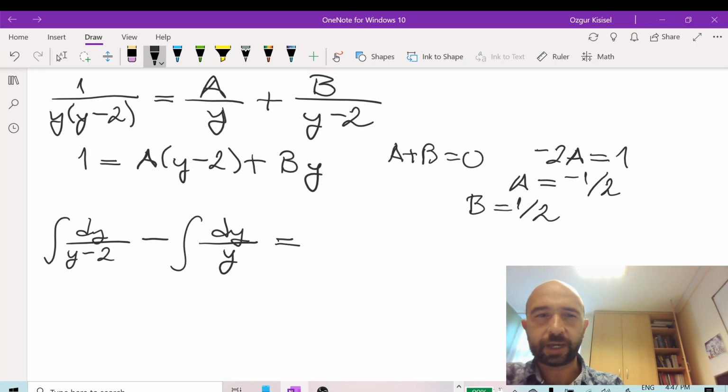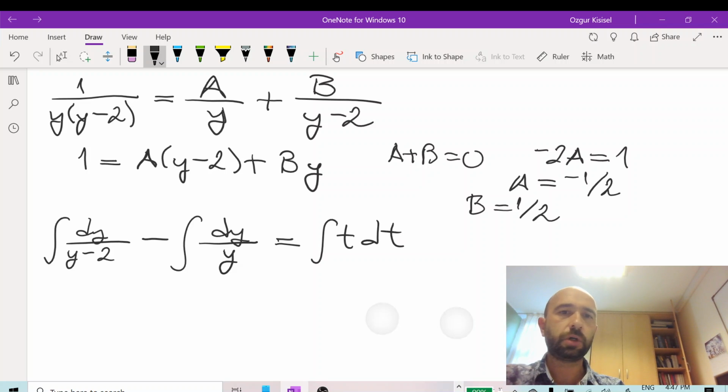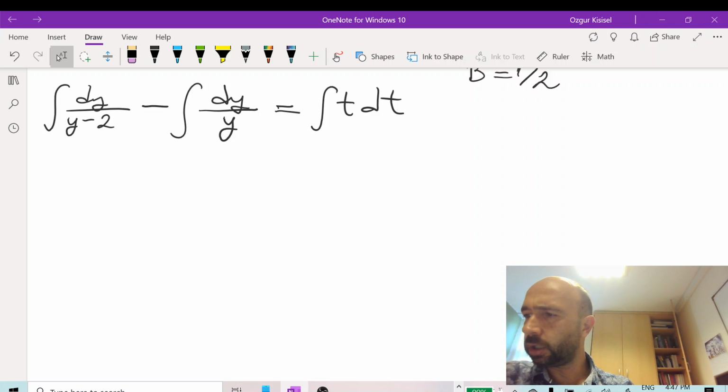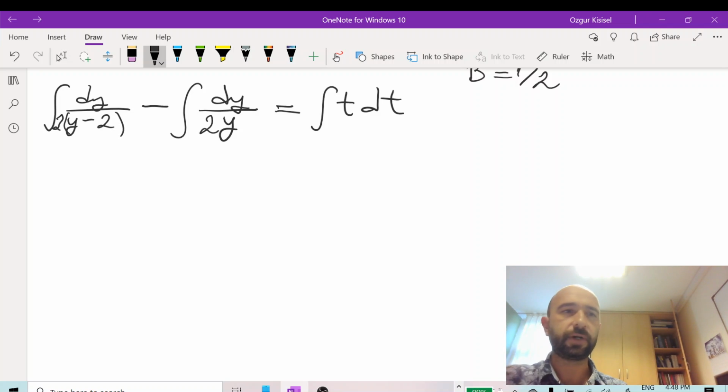And on the right we had the integral of t dt. So I guess this is something we can do. The first integral, I'm sorry, so we have 2 here and 2 here. Now it's fine.